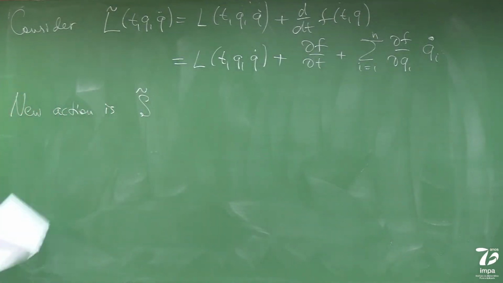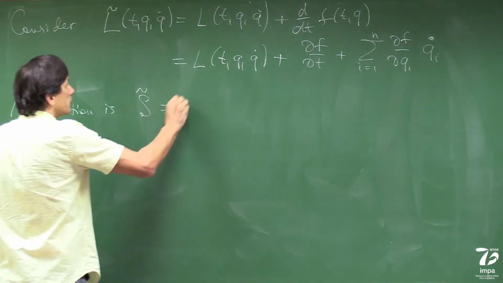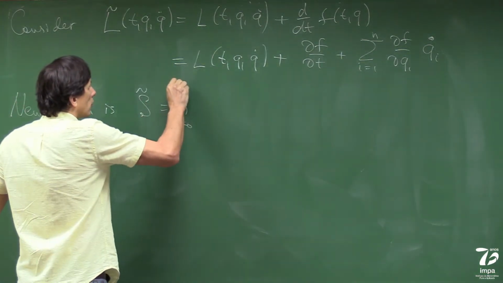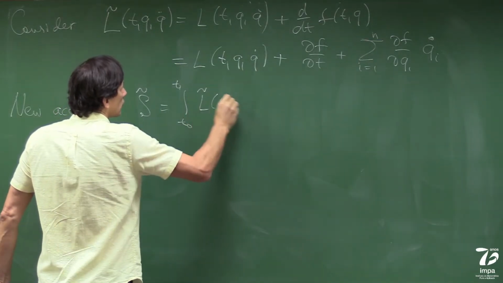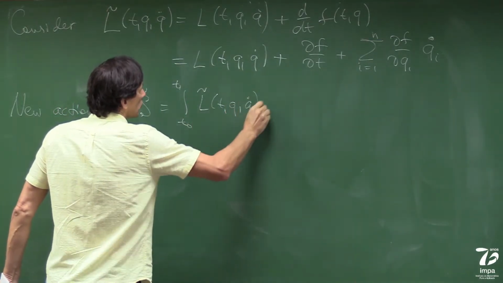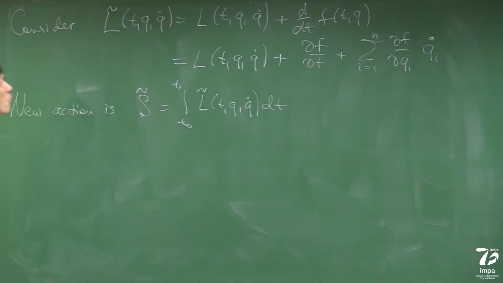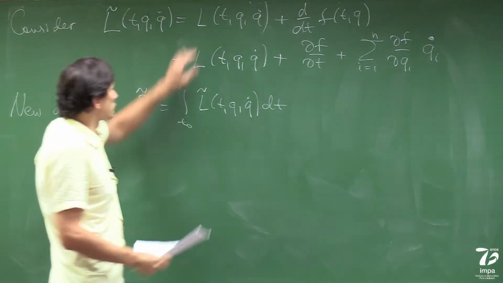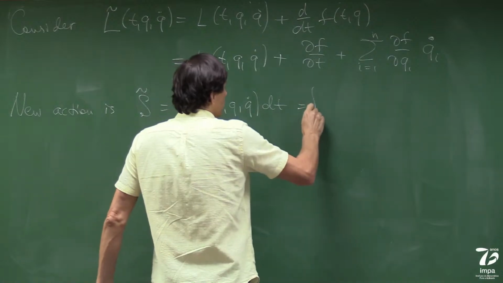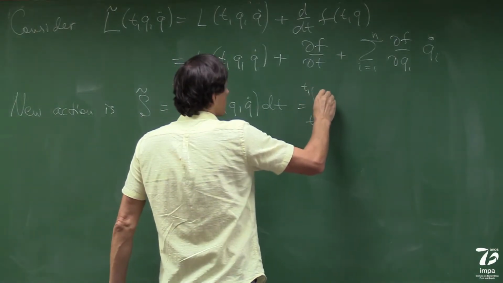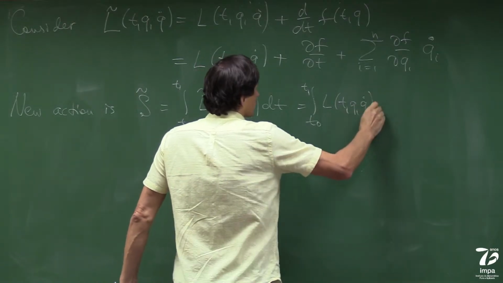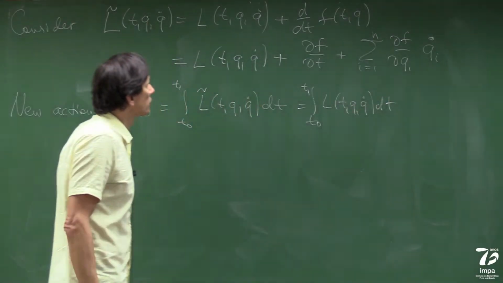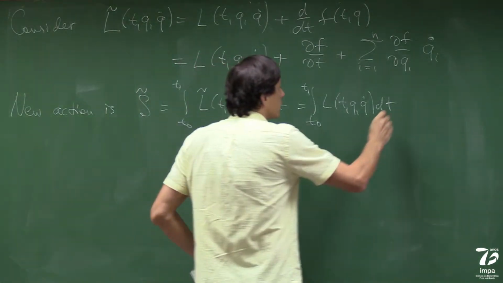It's an integral of this L. Let's put this expression inside. So it will be two integrals: the first integral of this form and the second integral of the second term.